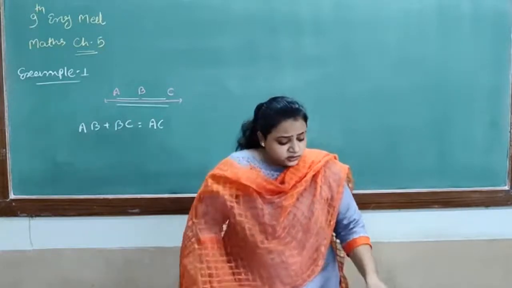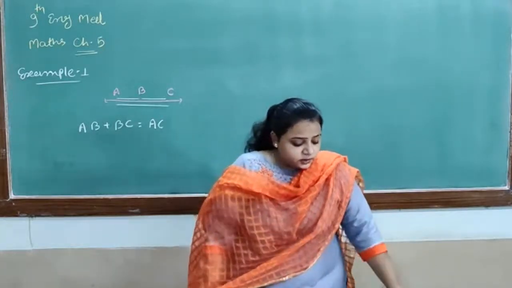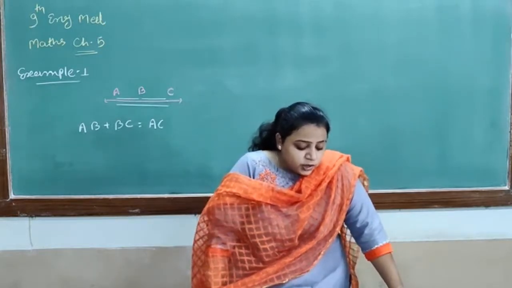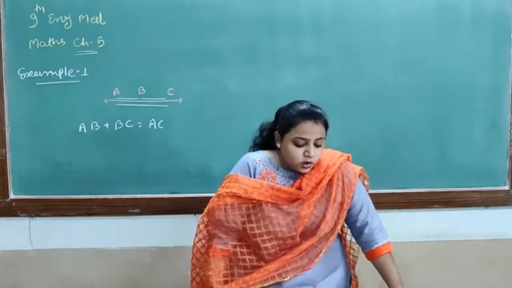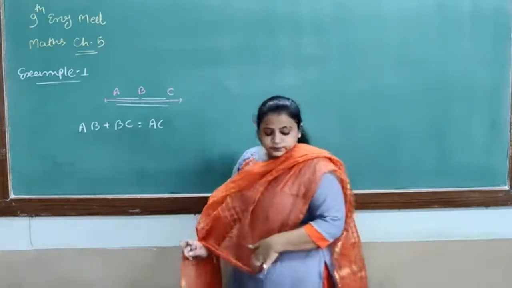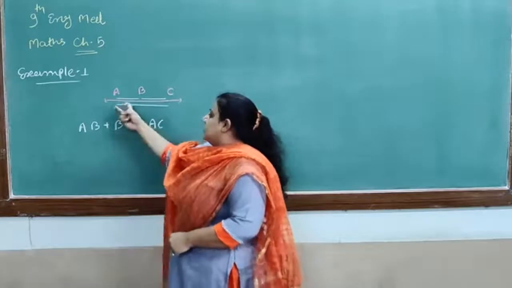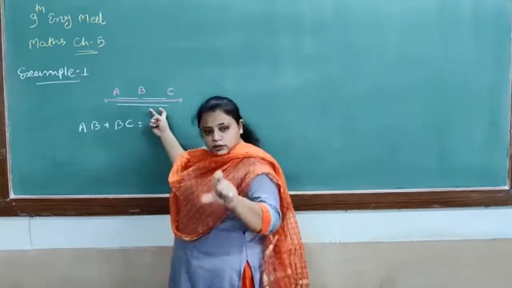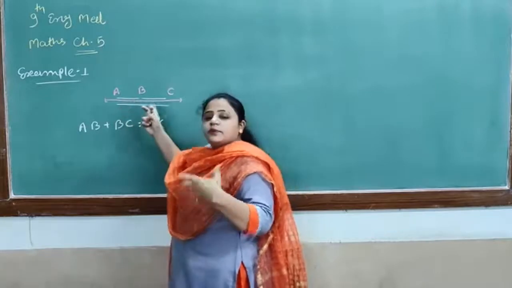What are they saying? Euclid's axiom 4 says that the things which coincide with one another are equal to one another. Right? They are saying that this is equal to this. So if they both are equal, then the total will be equal.